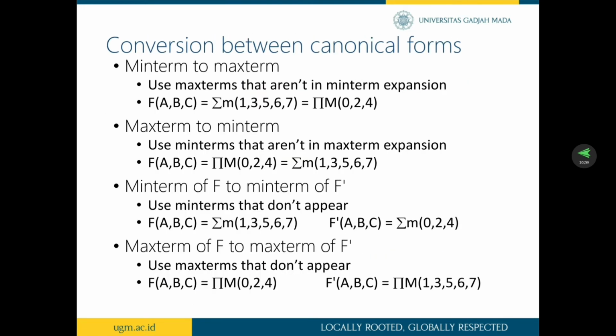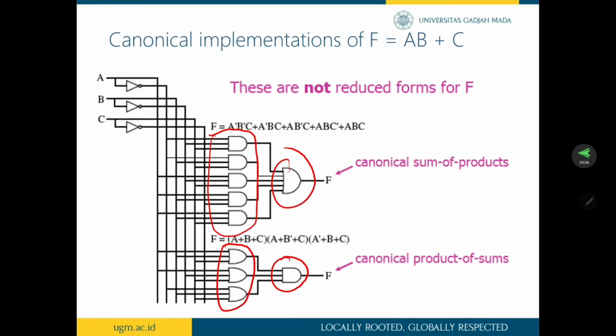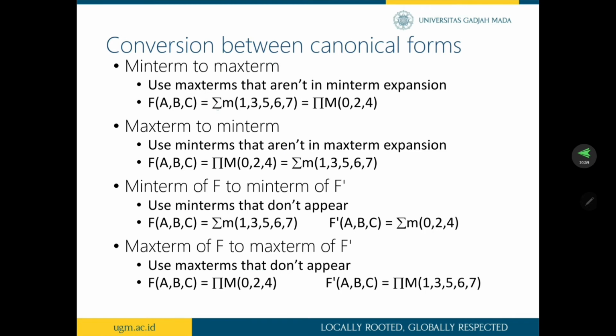So if we want to convert between canonical forms, min theorem to max theorem, use max theorems that aren't in min theorem expansion. So if we have A, B, C, for this Boolean expression, the min term form is written by sigma of M 1, 3, 5, 6, 7.